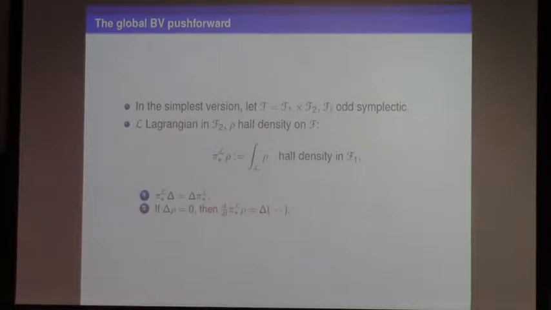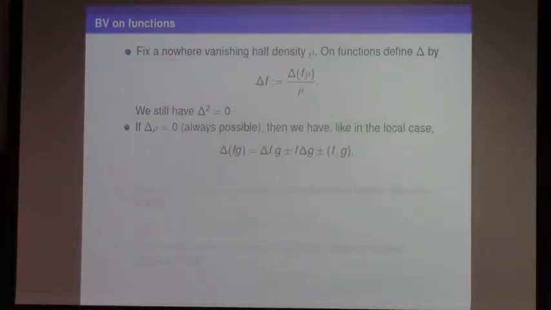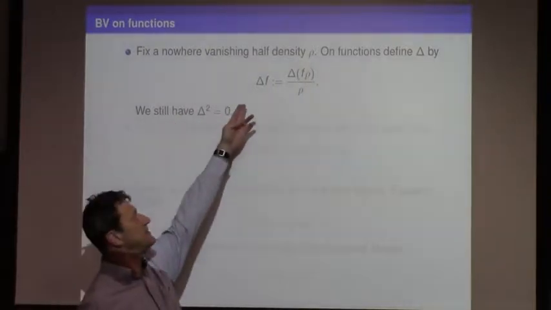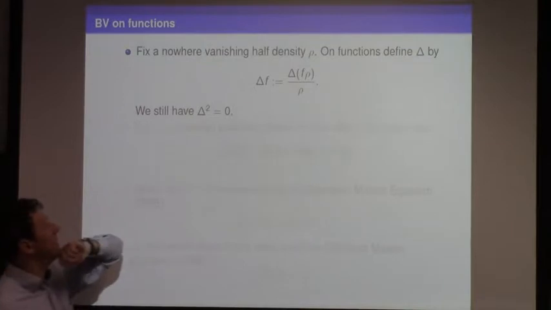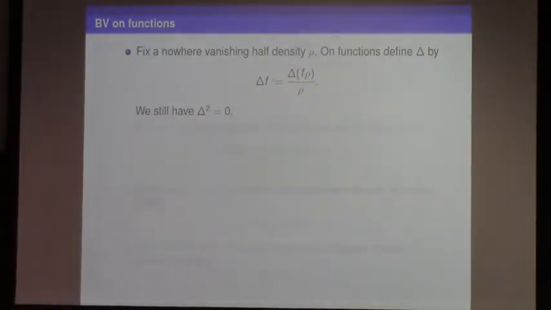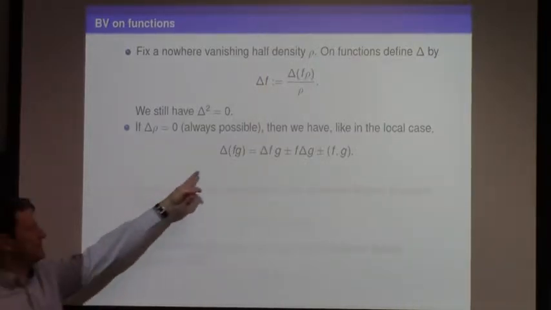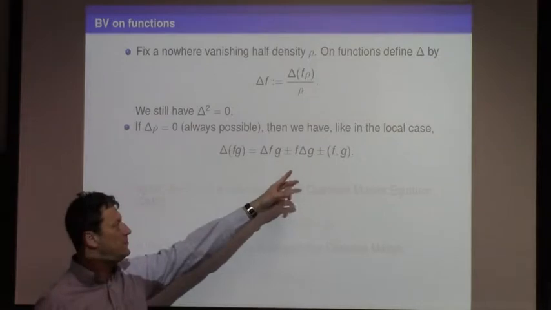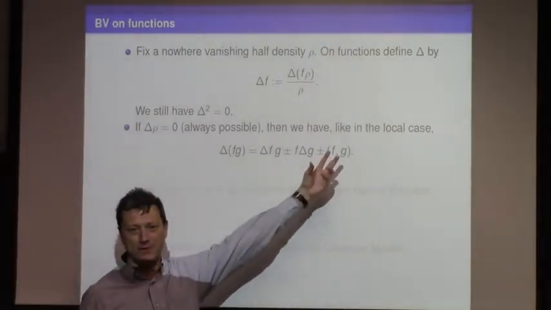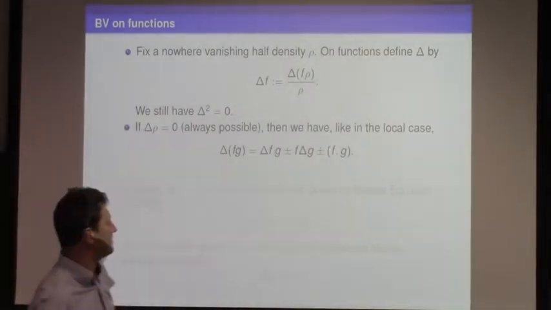Now the point is that if you choose a reference half density rho, then you can define delta on functions, and it still squares to 0. I'll also assume that the reference nowhere vanishing half density is also delta closed, which implies that delta applied on a function has this property, where this bracket is the odd Poisson bracket associated to the odd symplectic structure.